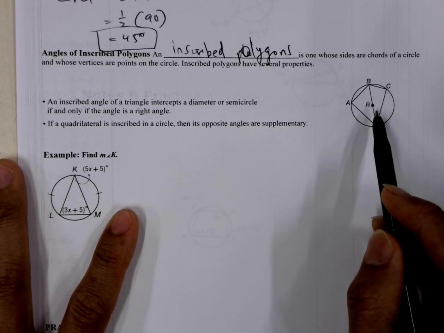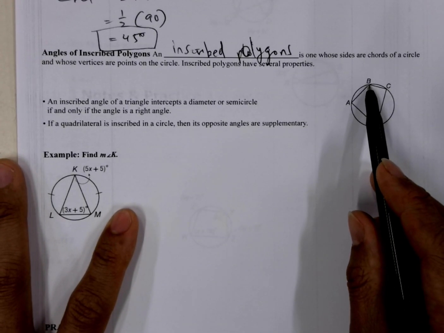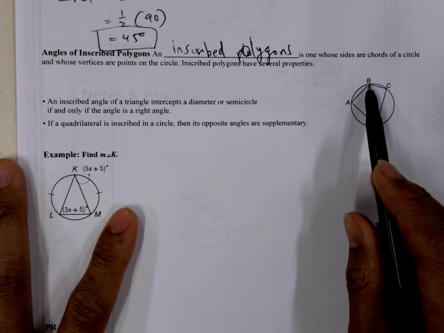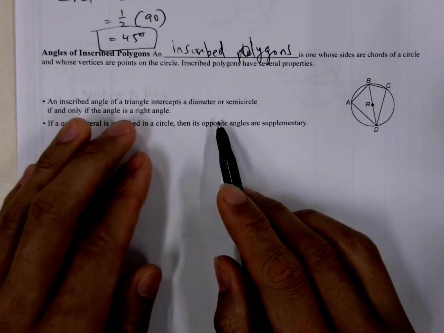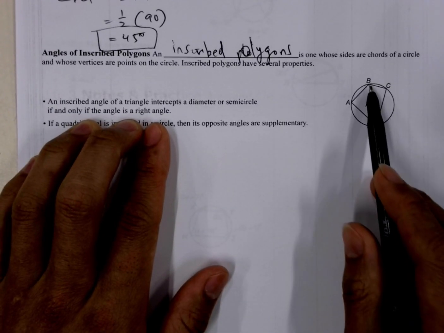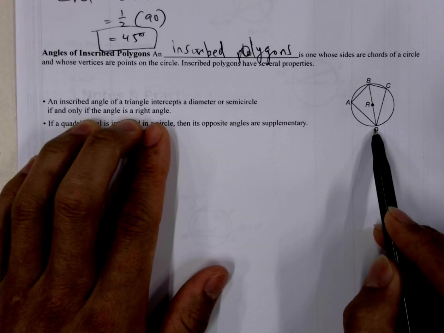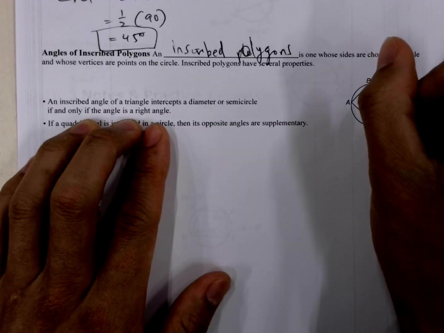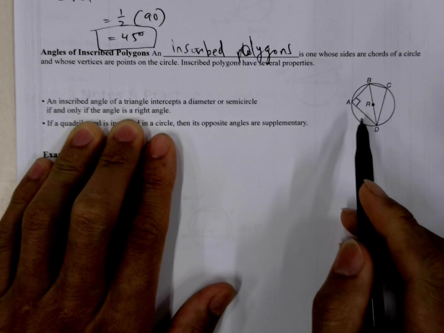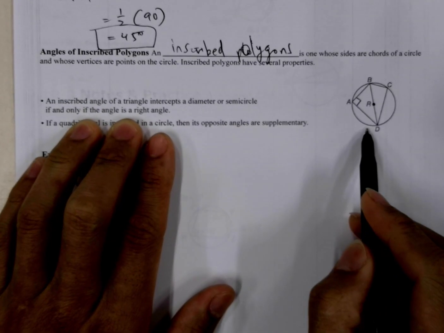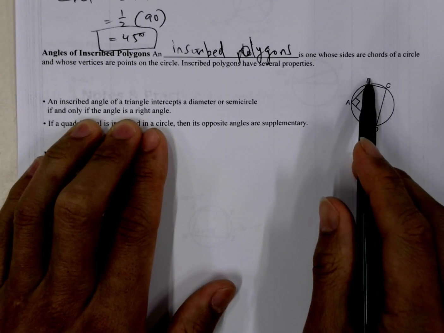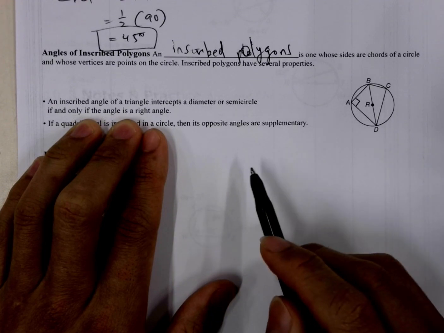If we have this chord AB and this chord AD, like we do, this property tells us that angle BAD is a right angle. It's 90 degrees. And it's if and only if. So that means if we're given that the angle made by the chords is 90 degrees, then the hypotenuse here is the diameter.